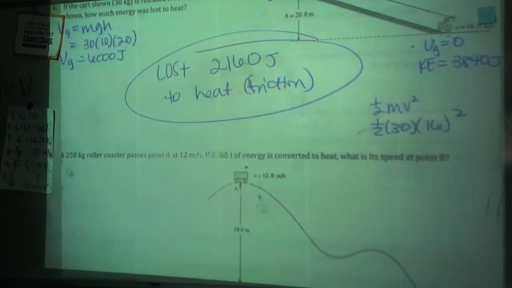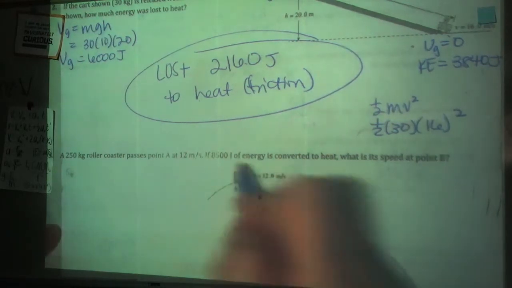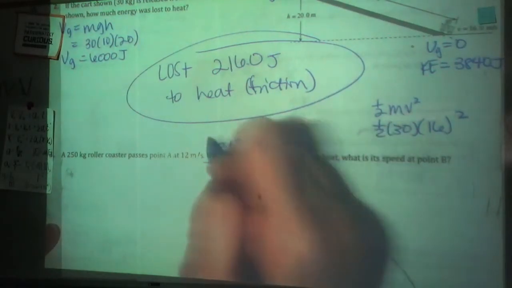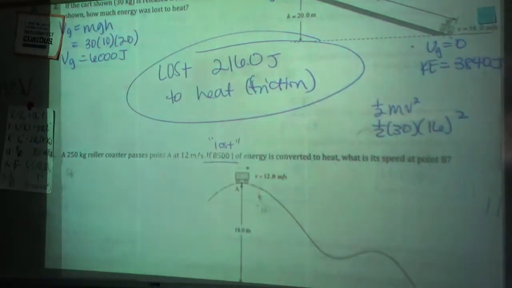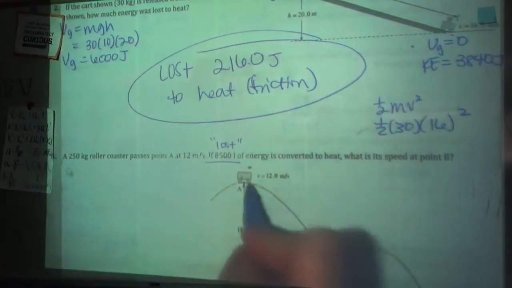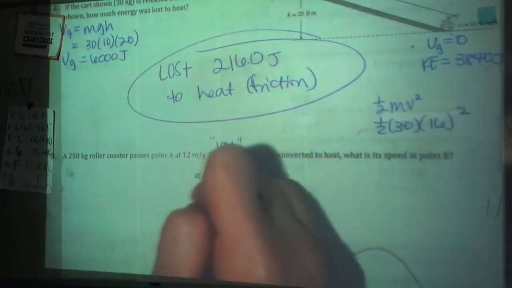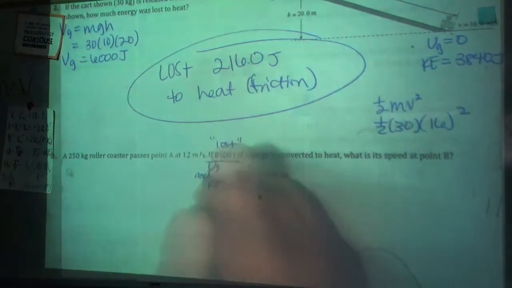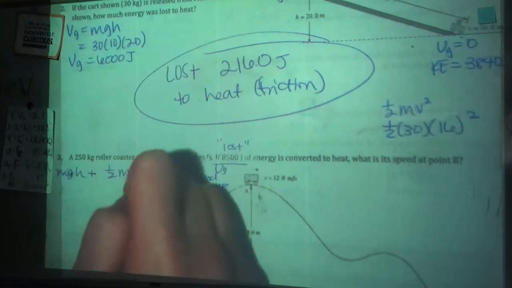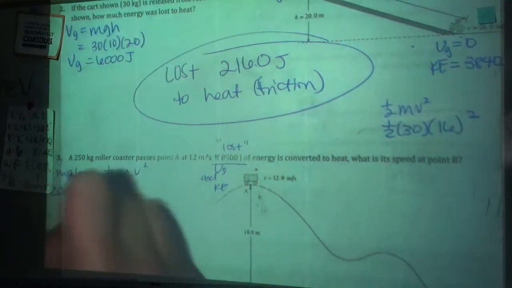Number 3, a 250 kilogram roller coaster passes point A at 12 meters per second. If this much energy is converted into heat, so this is like the lost heat energy, what is its speed at B? So first let's find the energy at the beginning. At the top we have potential energy and we have kinetic because it has a height and it's moving. So that's mgh plus 1/2 mv squared, with 250, 10.